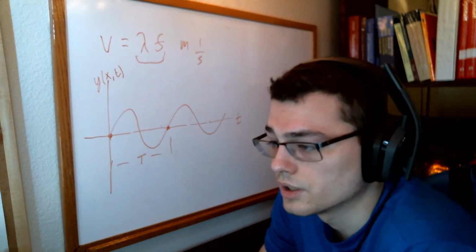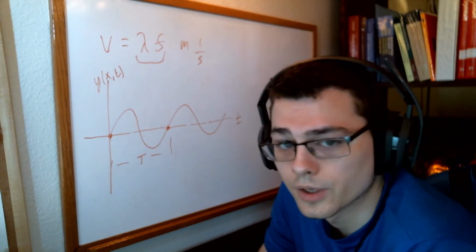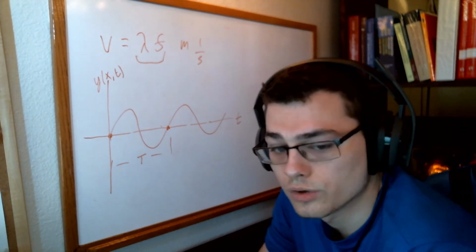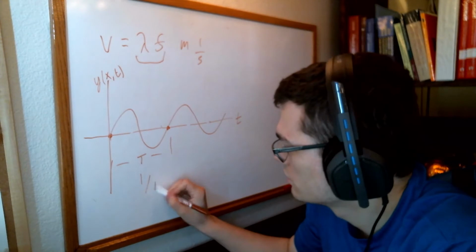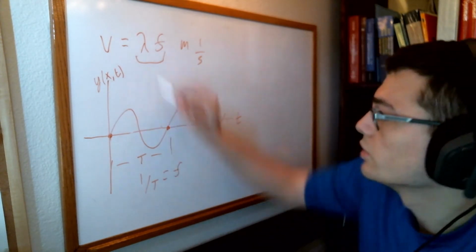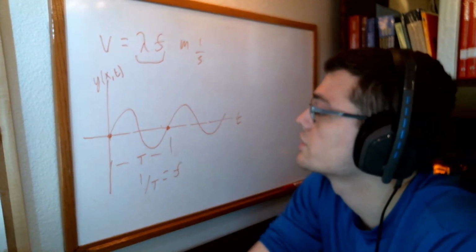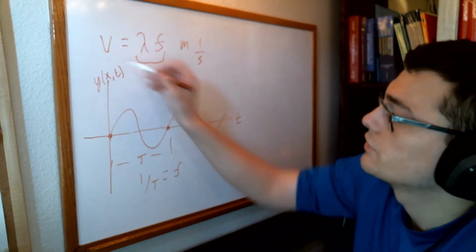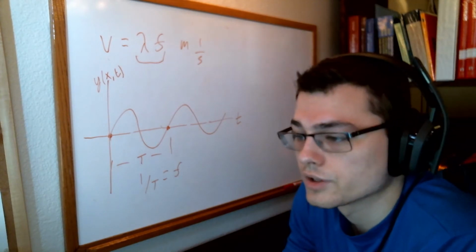Then you have to convert your period to your frequency, and we saw that you just take 1 over T to get f, and then you can plug those in to get the velocity of your wave, and you can see how far it travels.